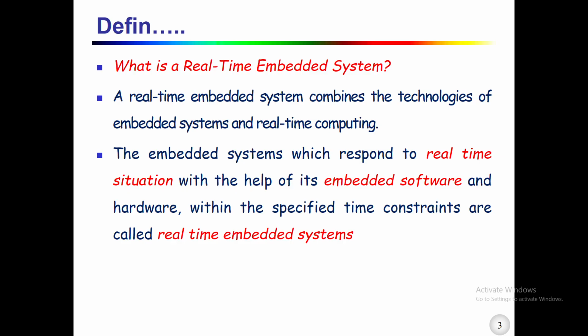For example, we have a larger system that responds in a certain way beforehand. If we embed certain technologies into that larger hardware, it has to respond differently from the way it responded before, because of the added embedded hardware and software. This makes the system a real-time embedded system.